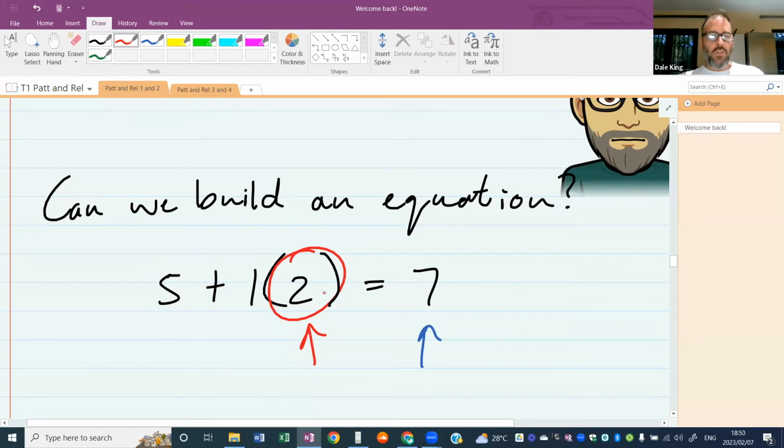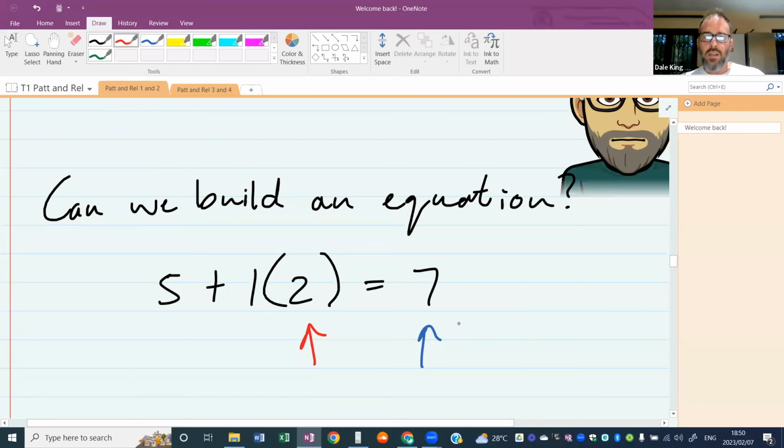If you change what is inside the bracket to another number, the value on the right-hand side will also change. So this 2 inside the bracket doesn't care what's on the other side of the equation. The 2 doesn't care if the 7 is there or not. It just wants to be a 2. But the 7's value is determined by the 2. So the 7 depends on the 2.